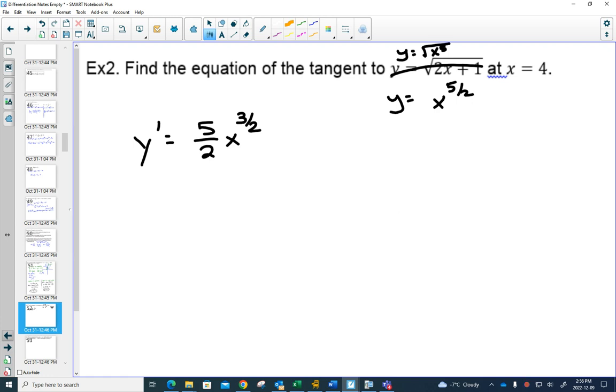And now we have some mental math to do. Plug in 4.